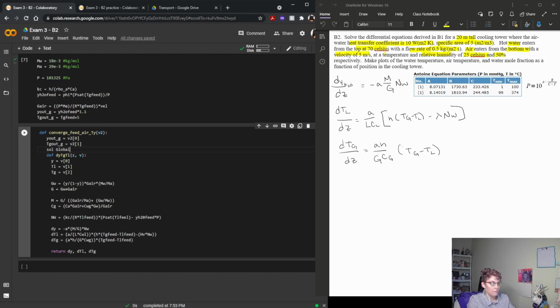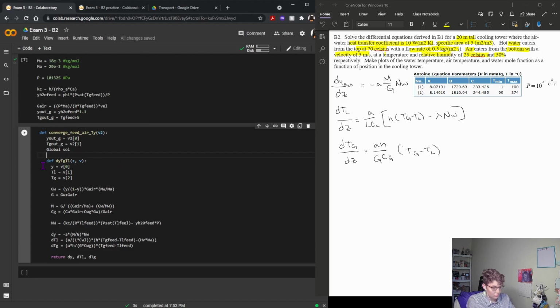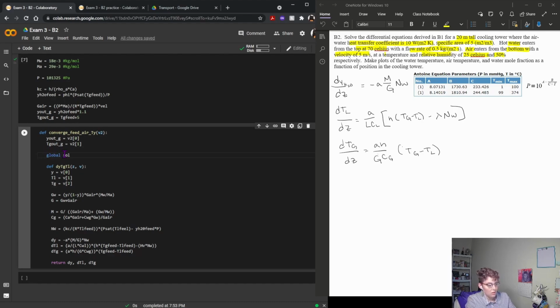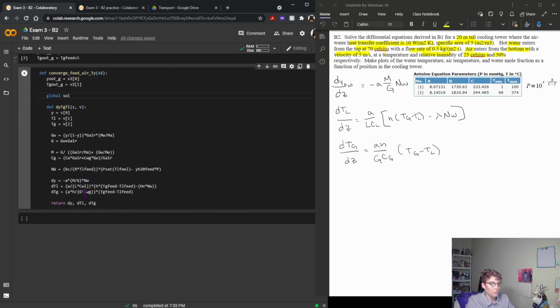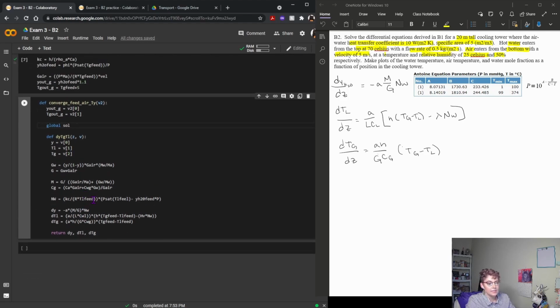And then, actually, that's out of order. Here we go. And now that we've set that as a global variable instead of a local variable, we can go ahead and define this.